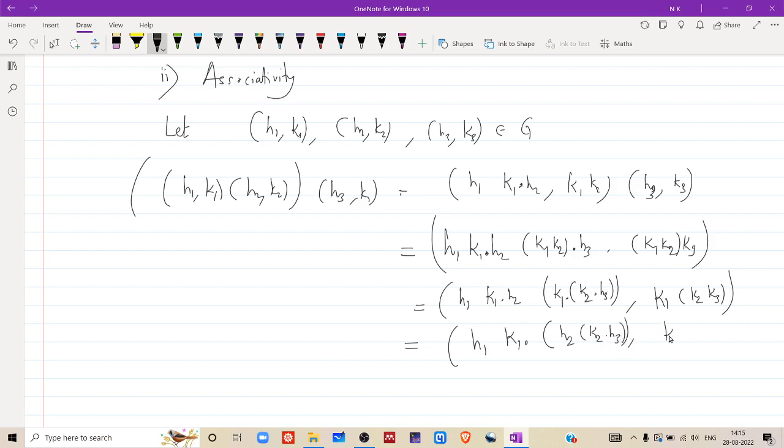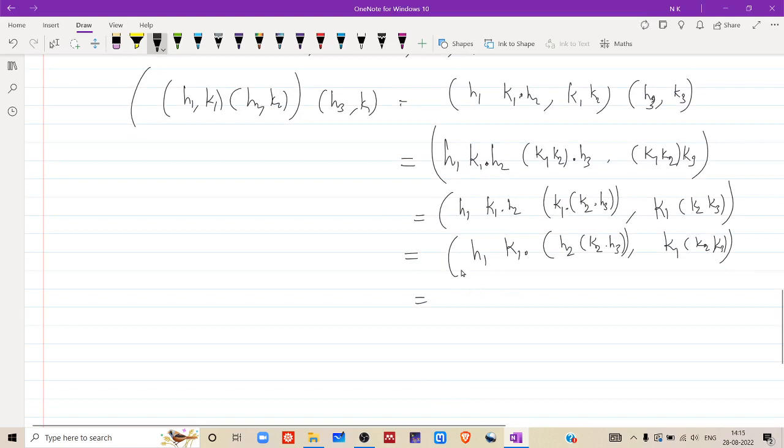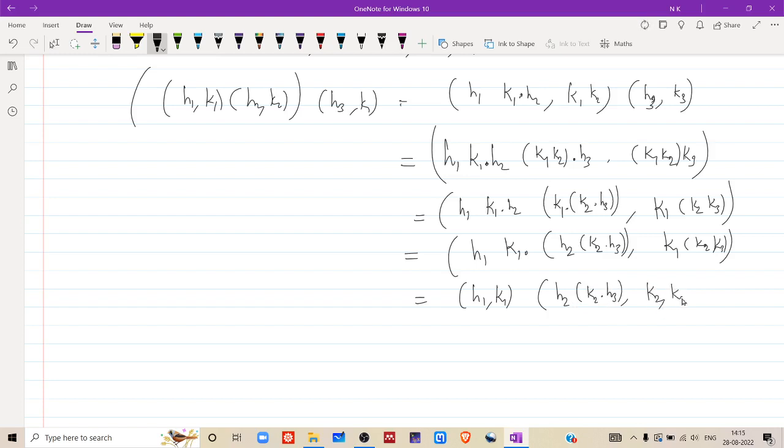So that is k1 into k2 k3. Now what is this equal to? We can simply look at this as h1 into k1 dot something, and k1 into something. So this is simply h1 k1 into h2 k2 dot h3, and here it will be k2 k3.